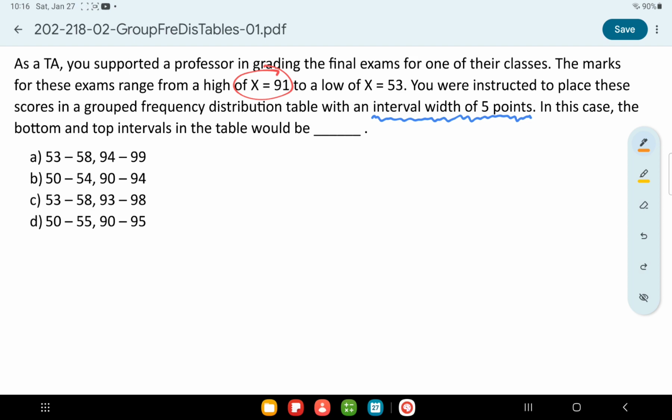Number one, the first guideline: consider the golden rule of using roughly 10 class intervals. It can be slightly less, can be slightly more, but roughly about 10 class intervals.